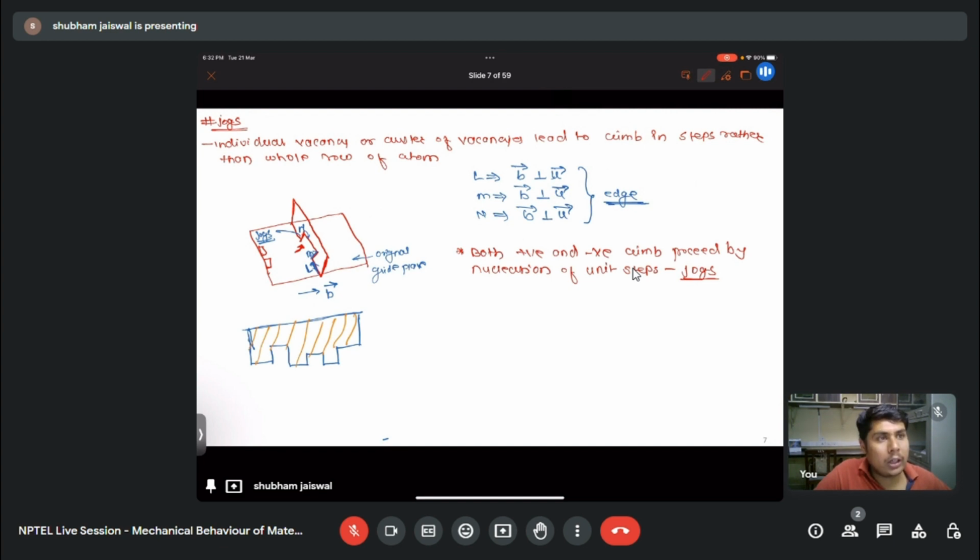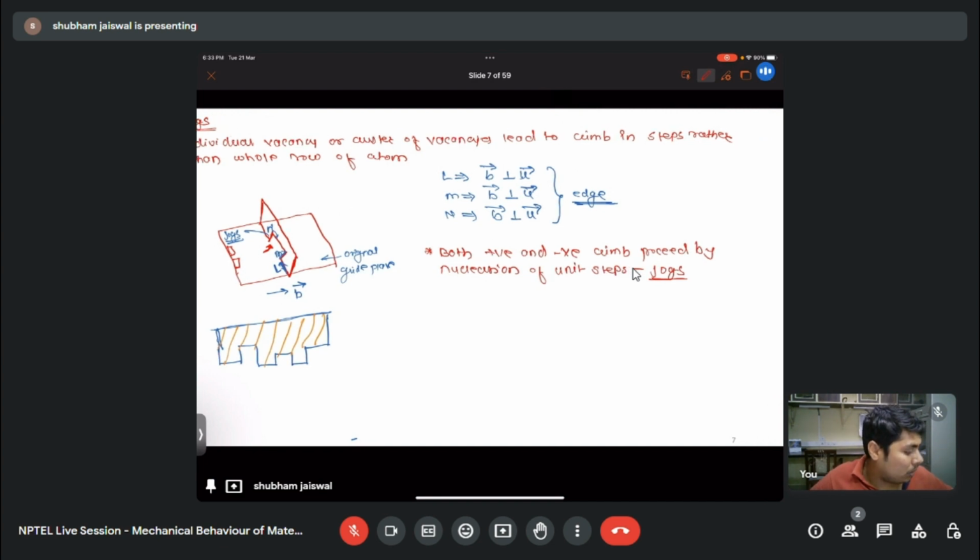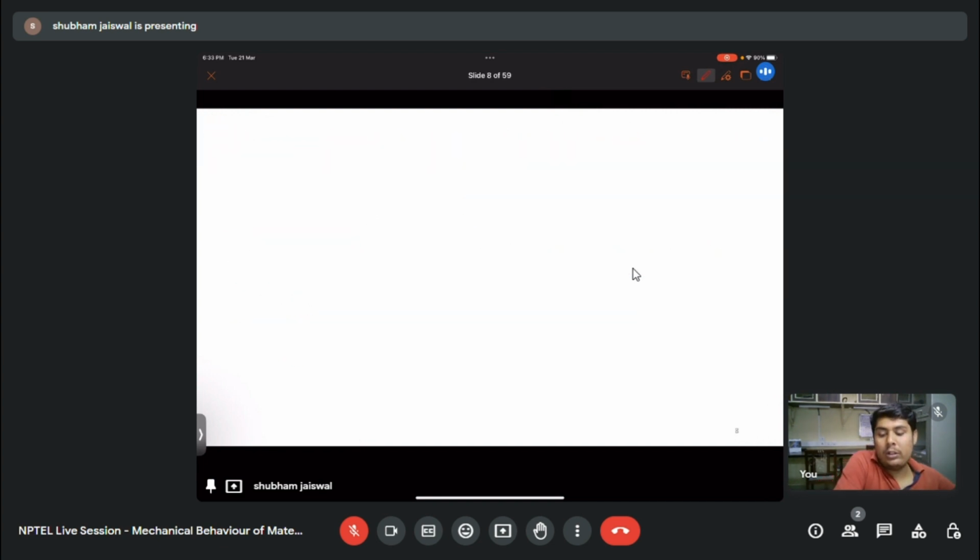Kinks have the character of both edge and screw, whereas jogs have the character of edge. So this is about the motion of dislocation. After this, we came across the concept of resistance to dislocation motion.